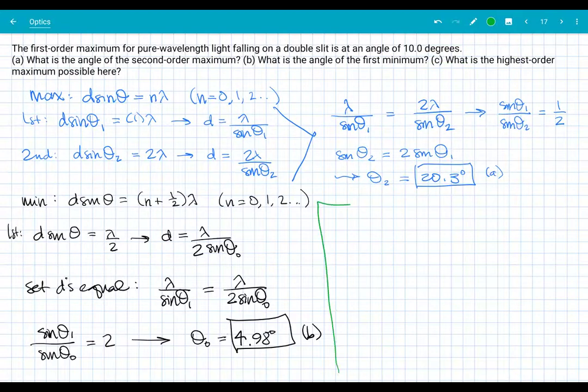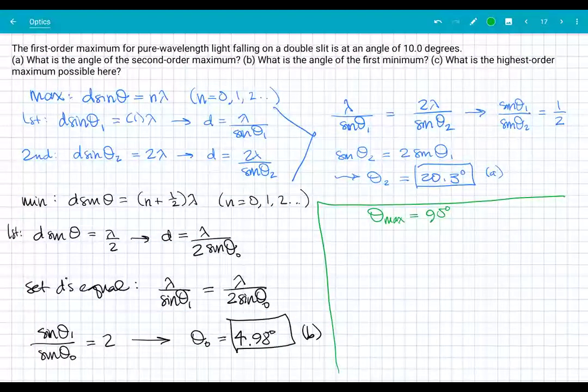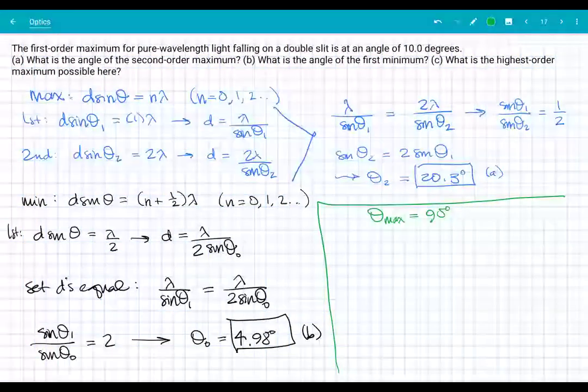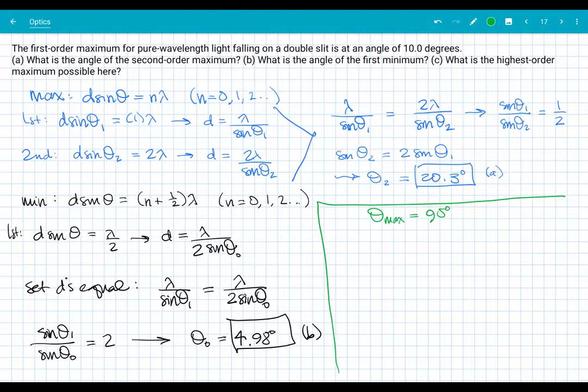If I'm thinking about my setup, I know that theta max, the very maximum, is 90 degrees. You can go back to your tutorial if you're wondering why that is so, and do some review there. So I'm going to use that fact, that maximum.